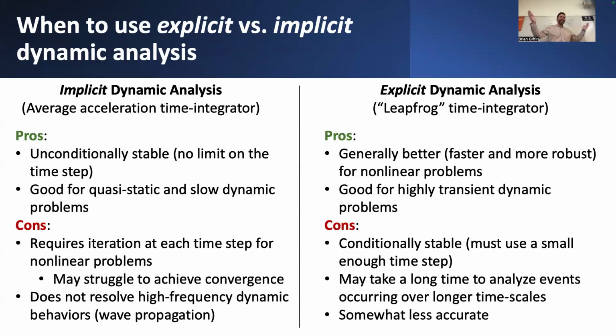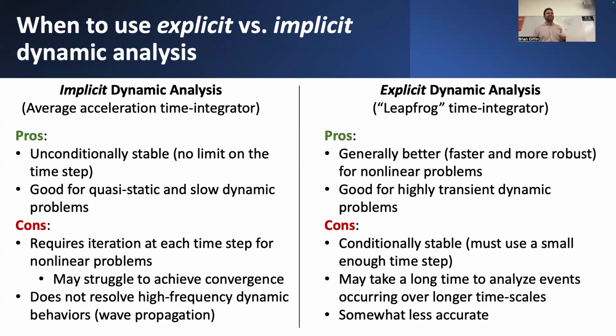So you're not really guaranteed to even get an answer out of this, especially as you get into scenarios with a lot of nonlinear behavior. So implicit dynamic analyses tend to be a little bit less robust. But they do typically give better accuracy in general.